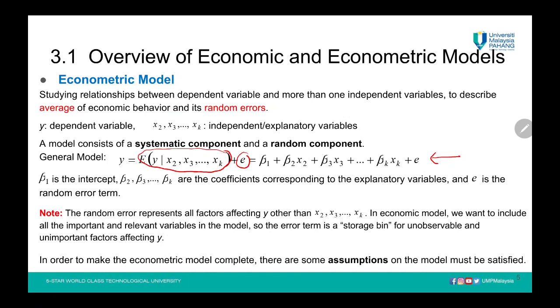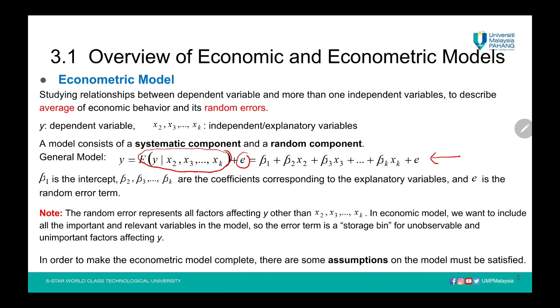It means that the general econometric model is y equals beta 1 plus beta 2 x2 plus beta 3 x3 plus up to beta k xk plus e, where beta 1 is the y-intercept, beta 2, beta 3 up to beta k are the coefficients corresponding to the explanatory or independent variables, and e is the random error component.